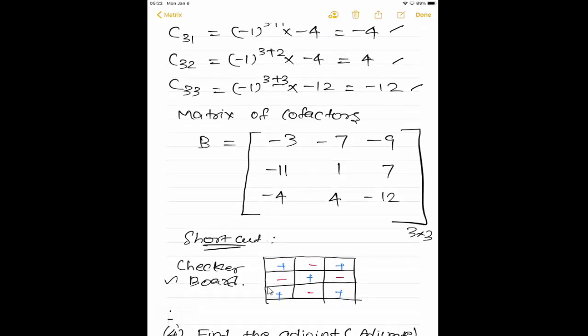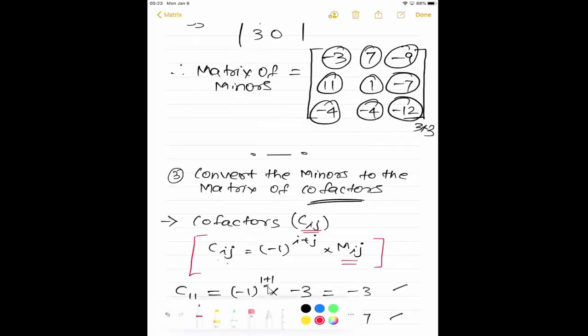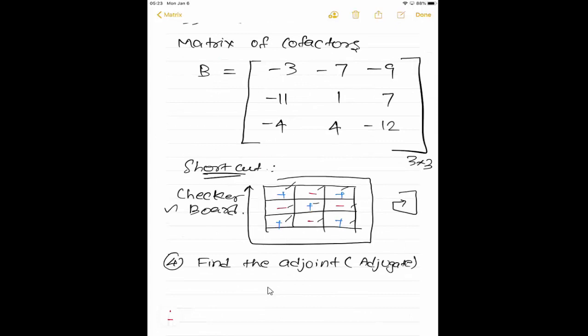We call it the checkerboard. Using the checkerboard, we can easily cross verify. This is how the signs come: plus, minus, plus, minus, plus, minus, plus, minus, plus. This is how the sign will be distributed. As per the checkerboard, these 4 values' signs will be changed and the remaining values remain the same.